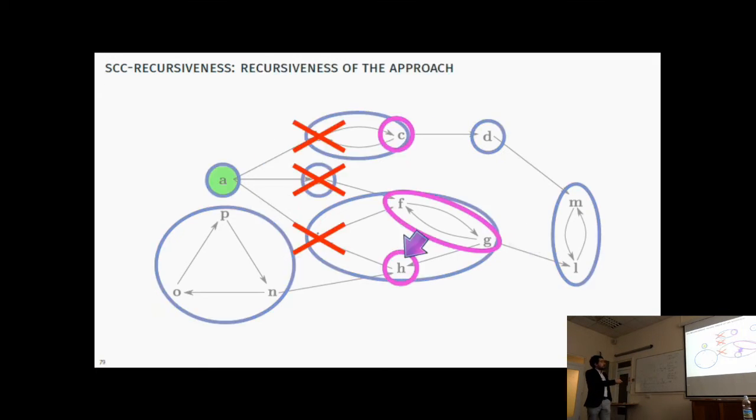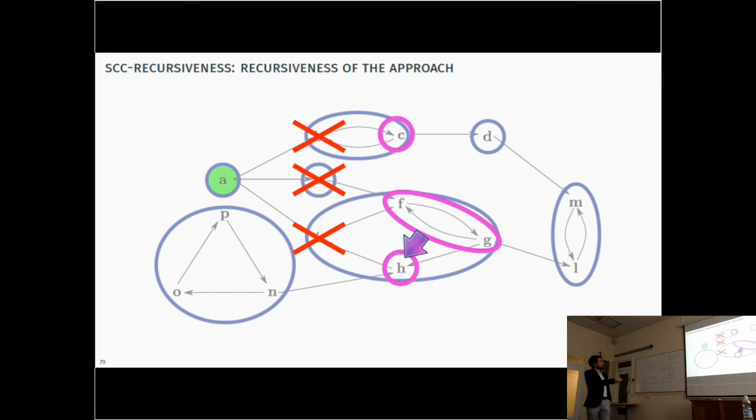And if this is in, then we know that B cannot be accepted, so these SCCs just disappear, and now this one disappeared. But at this point, here we broke the SCC. And the approach that we use is called SCC Recursiveness, because at this point, you can reapply the same approach, and you can redecompose what you broke before into two different SCCs and reapply recursively the same scheme.